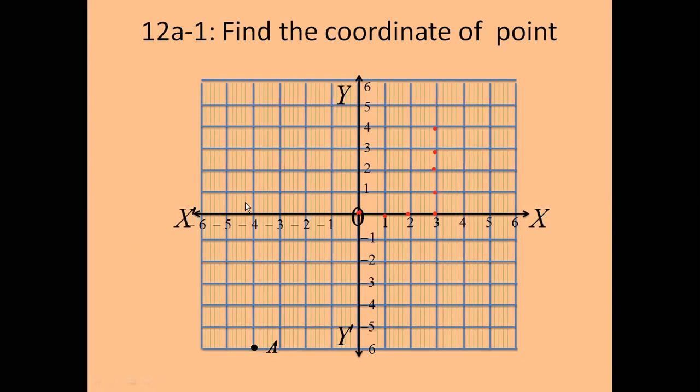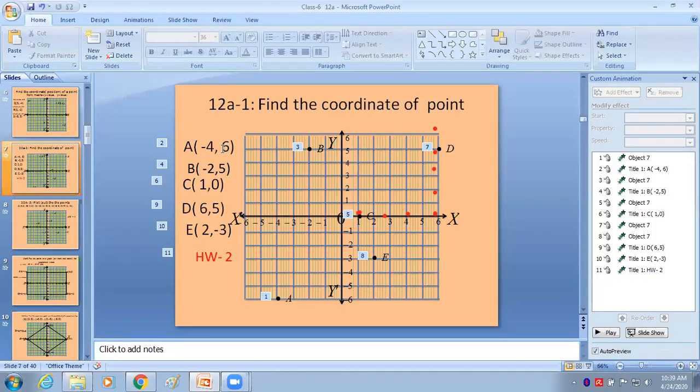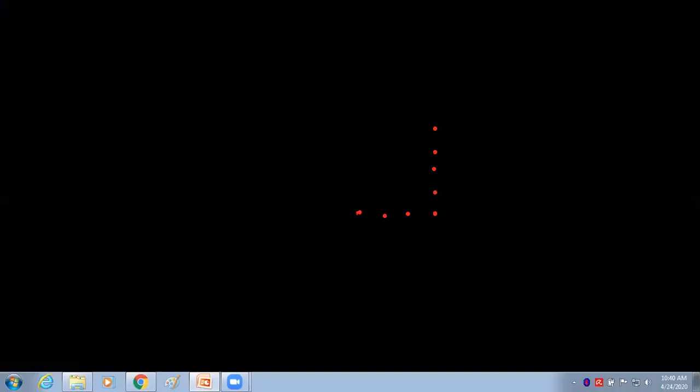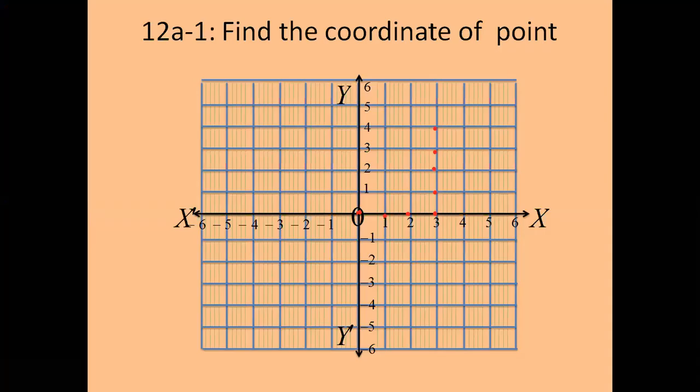Okay, so now come down 1, and here we can see the 6, so that's why the coordinate of A will be -4 and -6. Got it?